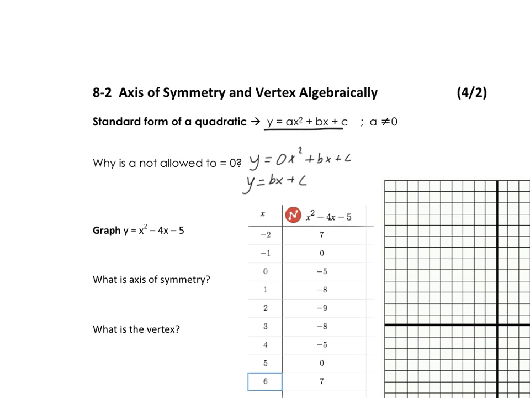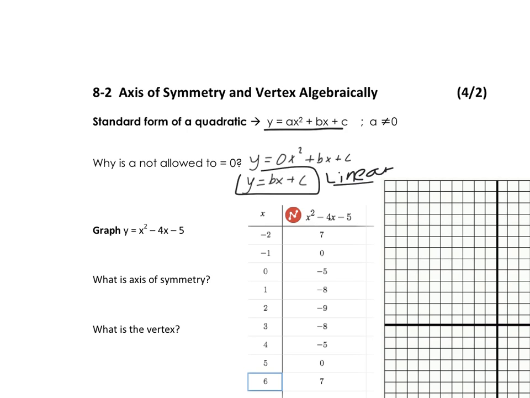That's why we can't have a 0x squared. We need to have a number with our x squared, okay? Otherwise it would no longer be a quadratic, it would become a linear function, because linear functions do not have exponents. Let me just write a quick note, linear.